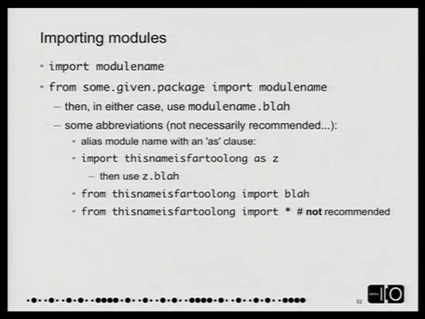So sum.given.package: Python would look for sum, inside it for given, inside it for package, and inside that for module name. Either way, you basically get the module name as part of your namespace, and you can access it. And if you want function blah from the module, just do module name.blah, and you're done.